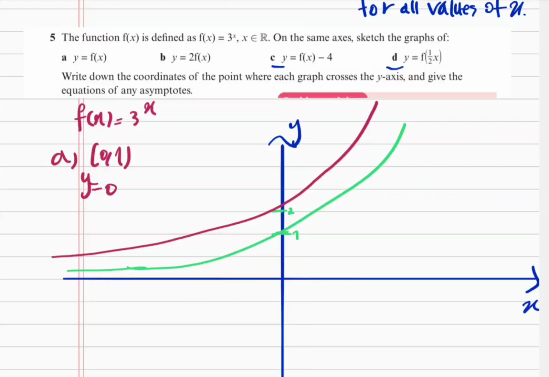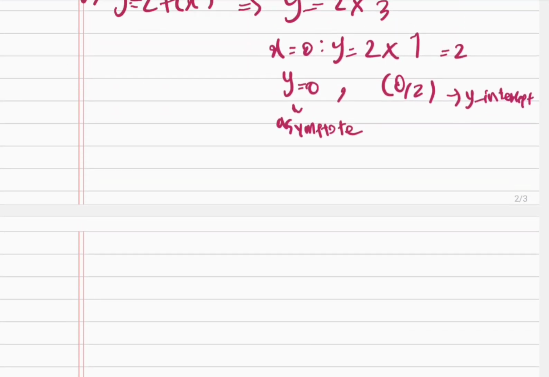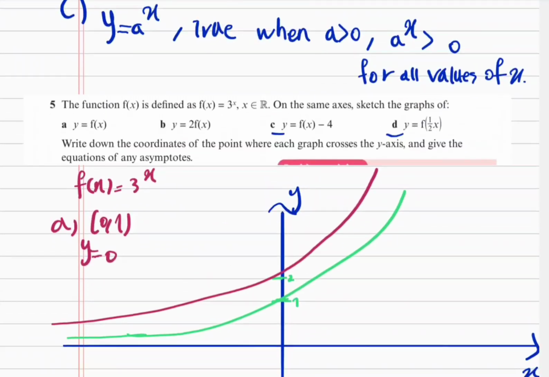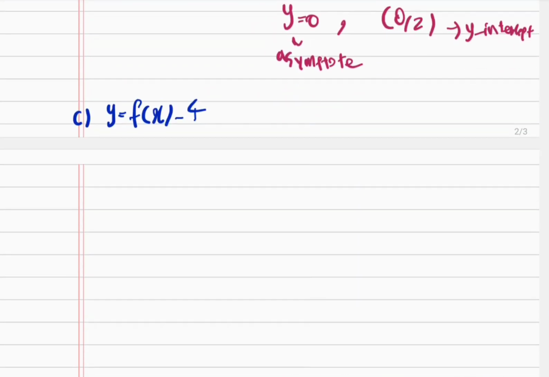Now in part C, we want to sketch y = f(x) - 4. Remember that f(x) is just 3^x, so we'll have 3^x - 4.